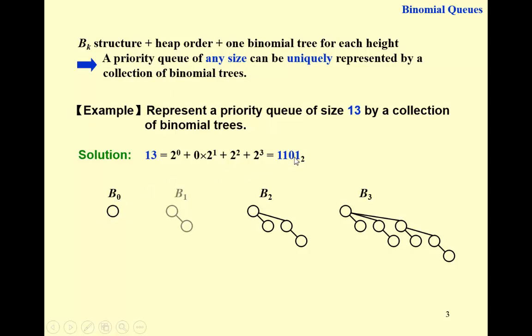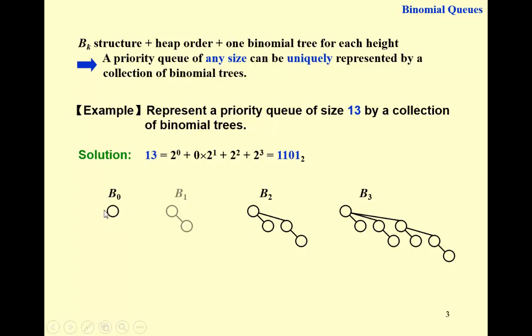Okay, and the second bit is 0, which means we don't have b sub 1. This tree is absent. We have 1 and 1 corresponding to 2 squared and 2 cubed. And therefore we have b sub 2 and b sub 3. So the total number of nodes can be calculated this way, which is equal to 13.